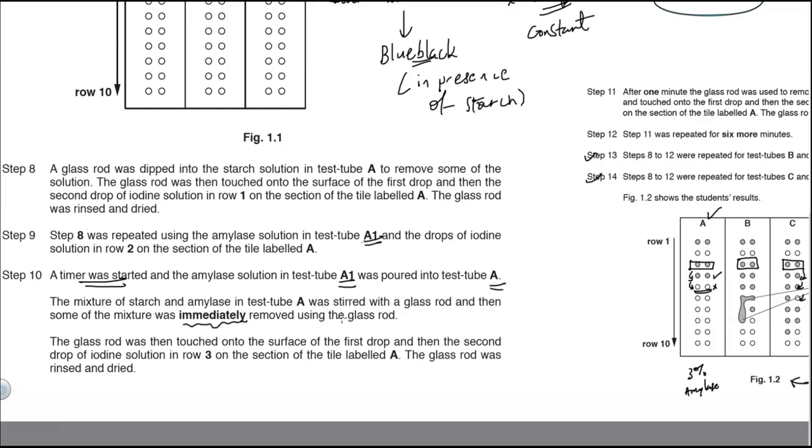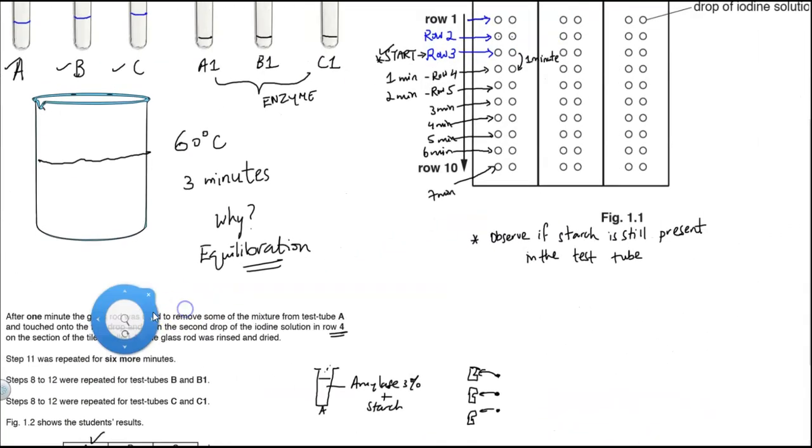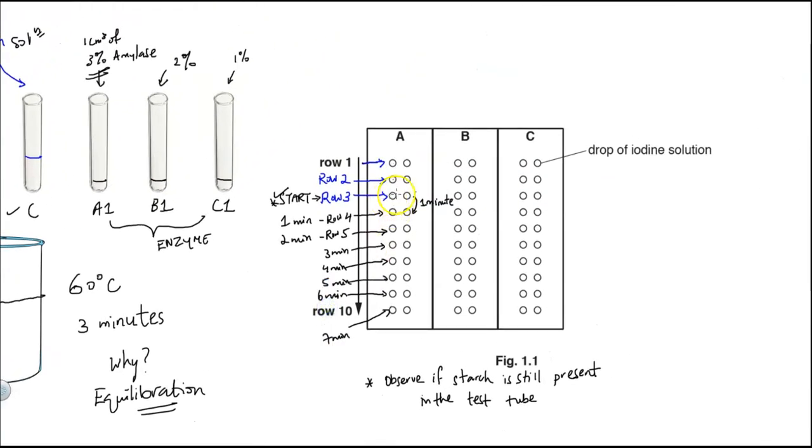We take a drop from that tube and we place it on row 3. So really, when you're looking at your tile, row 3 is your starting point. Row 3 is where we are starting the measurement for this experiment. So on row 3, we place a drop immediately, once the enzyme and the substrate have been mixed.